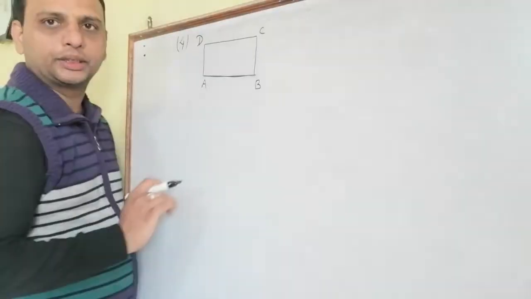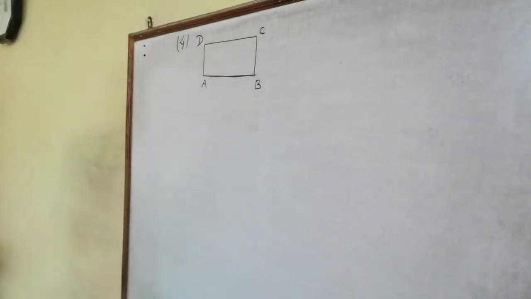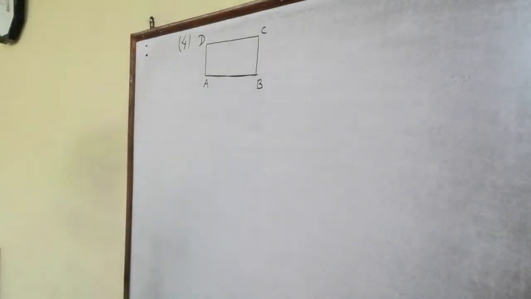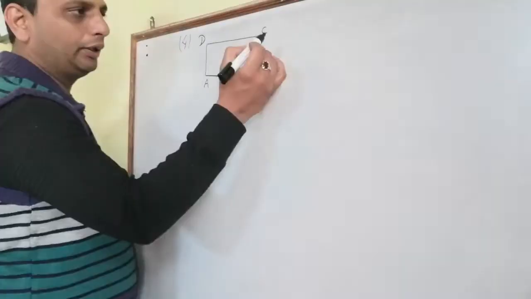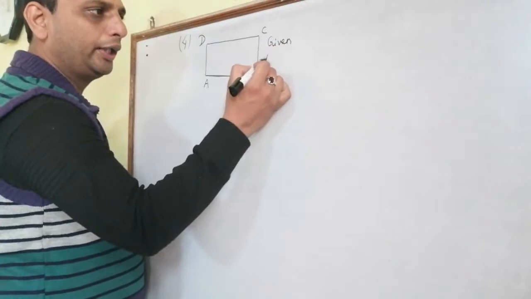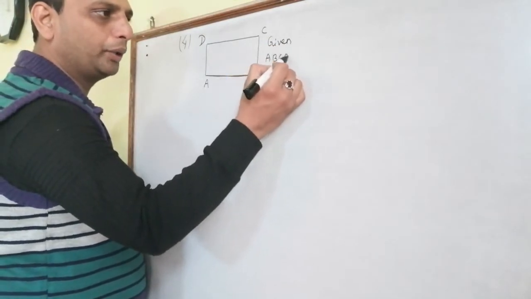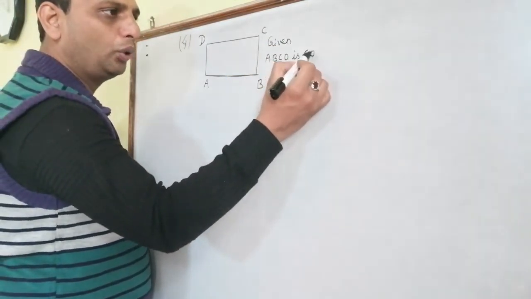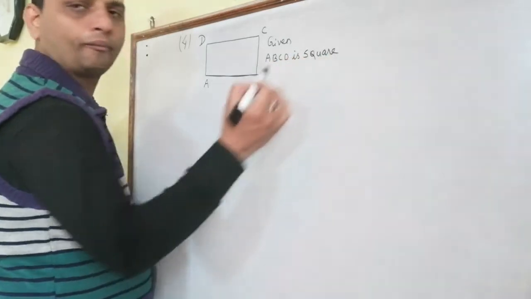It is given that ABCD is a square, which means we can use all the properties of the square.